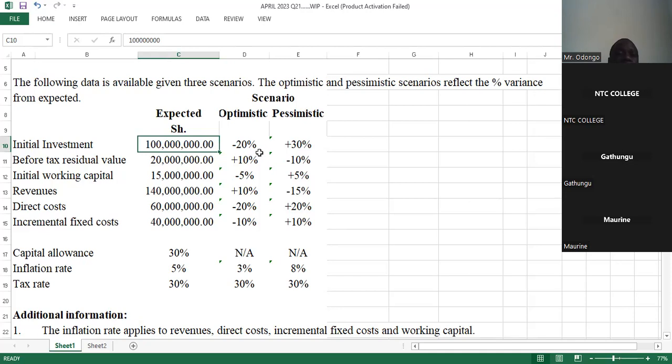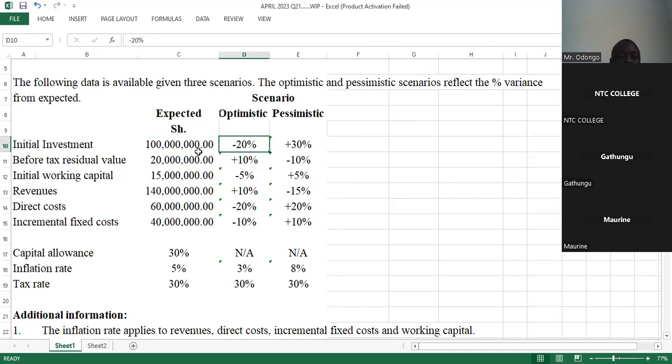How do we get the initial investment for the optimistic case? Yes, somebody? Would I hear from somebody? Minus 20% means that you decrease, yeah?